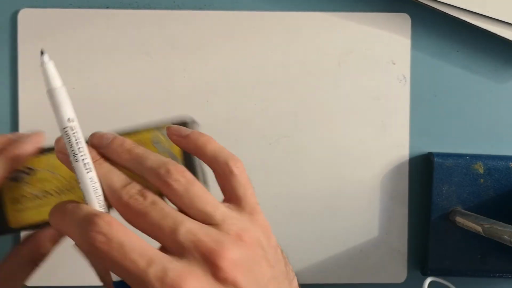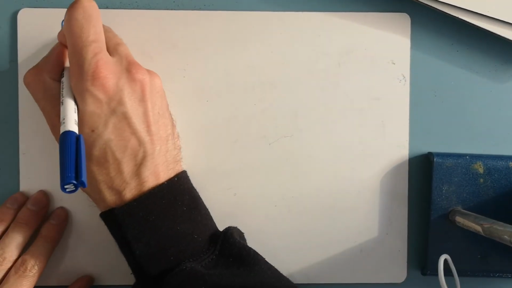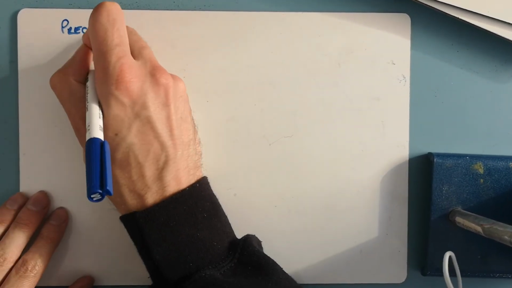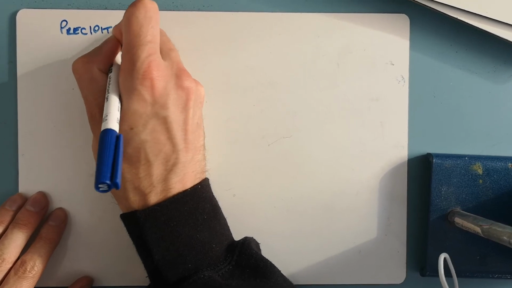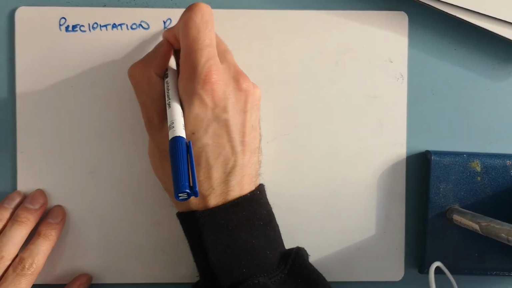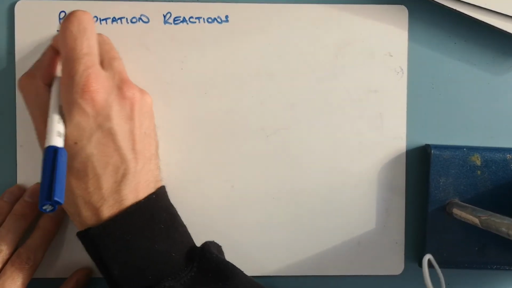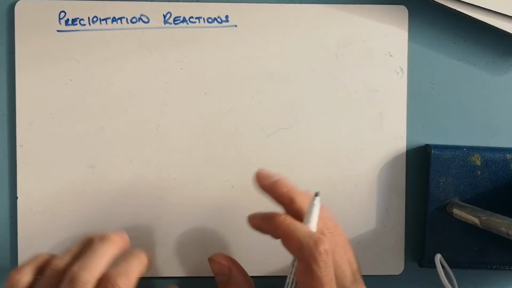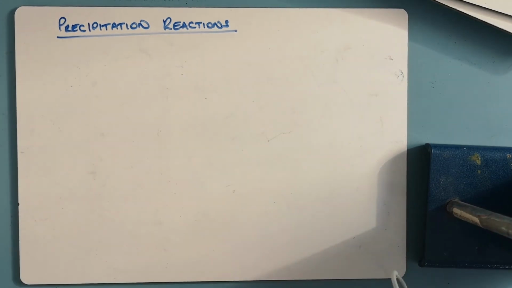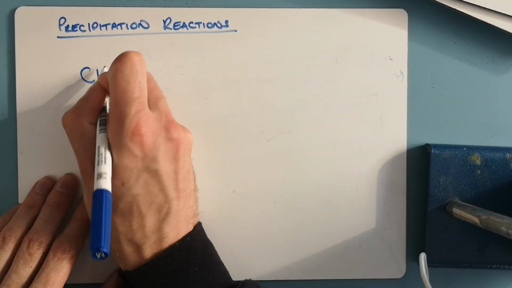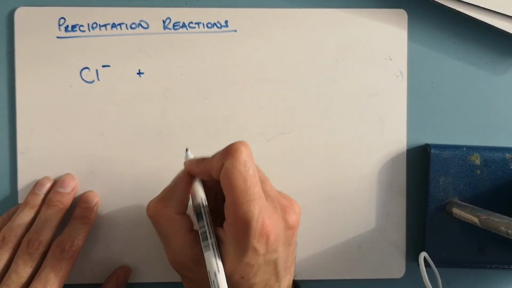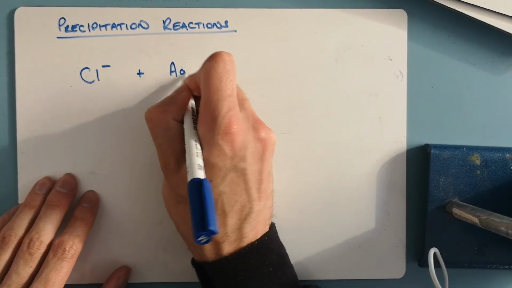So, the final part of halogens is precipitation reactions. Again, another word I'm bound to spell incorrectly. I think I've got it right there. If we take the ions of our halogens and react them each with silver nitrate, what we really want is just the silver ion here.